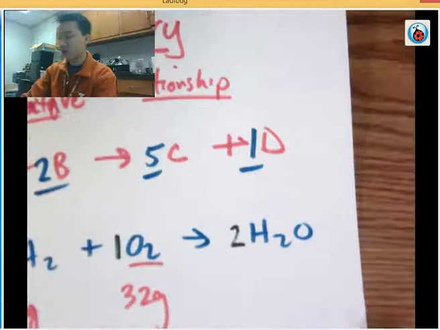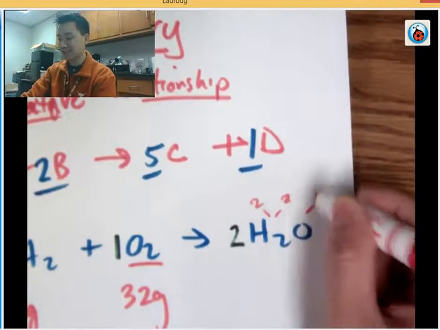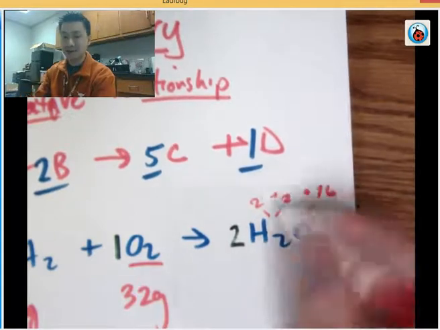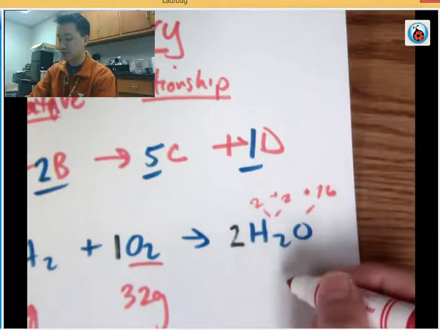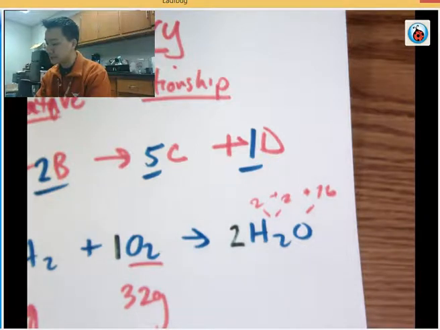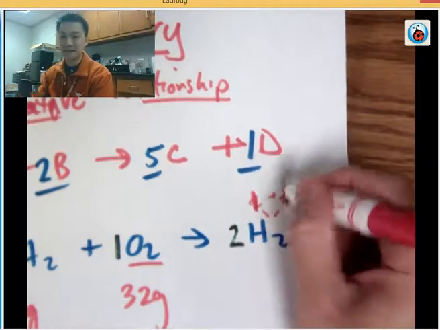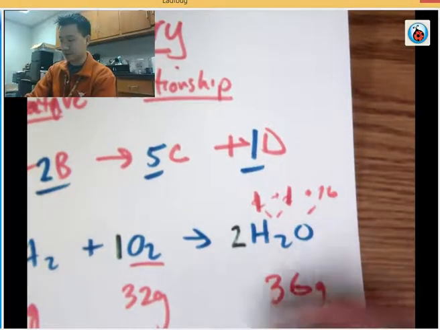And the mass of water, H is 1 and 1, and then 16, so that is 18, and 18 times 2 is 36 grams.